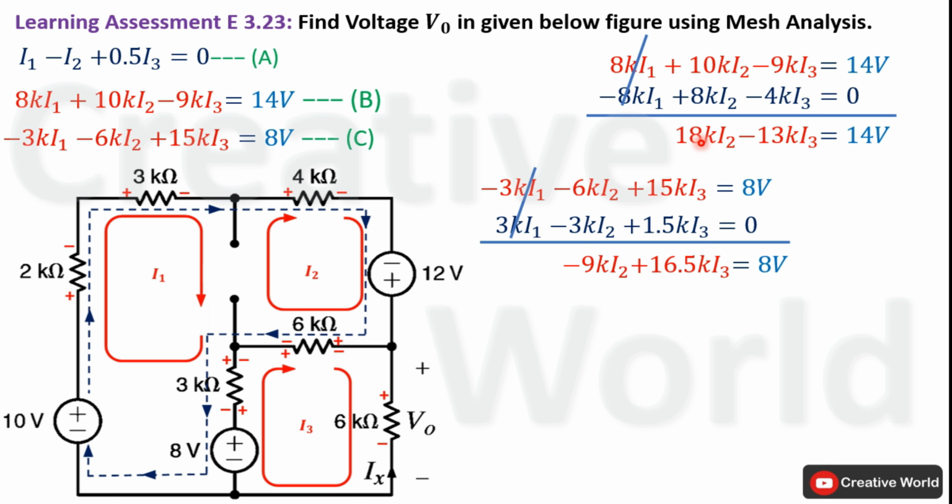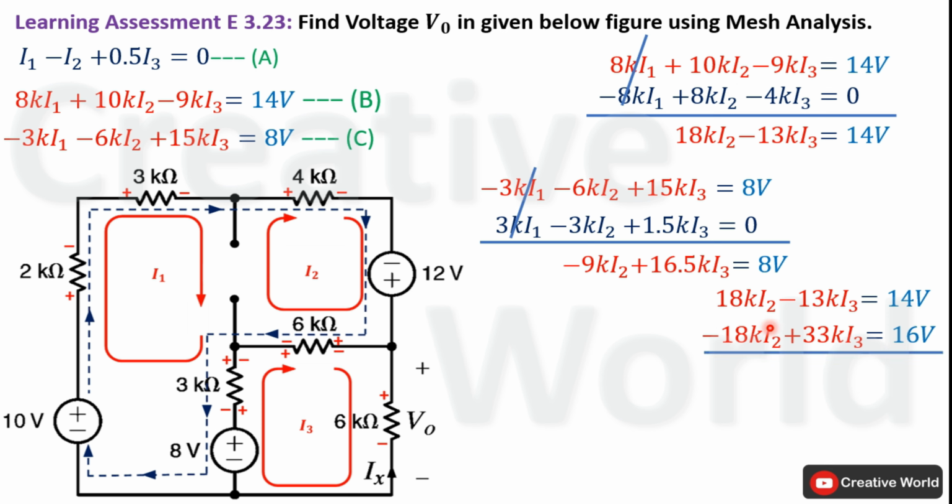So this equation will be taken as it is and we'll multiply this equation with 2. The resulting equation will become minus 18k I2 plus 33k I3 equal to 16 volt. Now add these resulting equations together. 18k I2 minus 18k I2 will cancel out with each other. 33k I3 minus 13k I3 will become 20k I3.